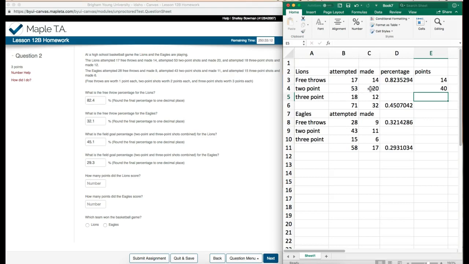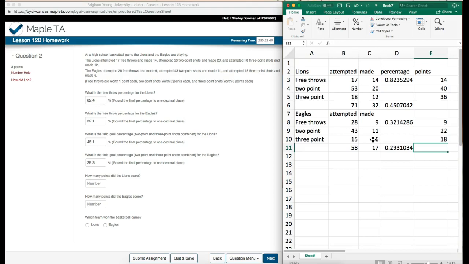And then the 3-point shots, same thing, except that these ones are going to be multiplied by 3. And same thing for down here. The free throws are times 1, or just leave it. And then the 2 points, multiply it by 2, and the 3 points times 3.